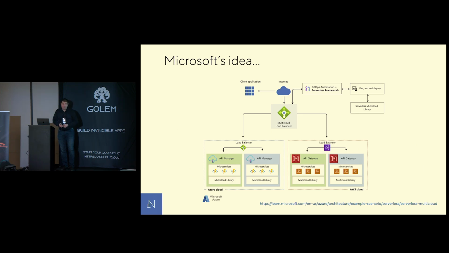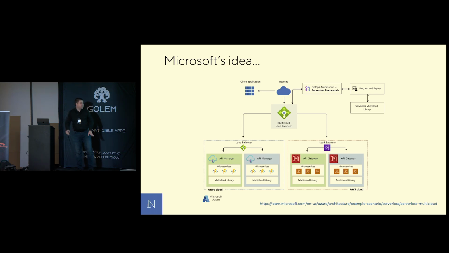Microsoft had an idea, and that idea was really viable. They were looking at something called Serverless Framework. Serverless Framework started as an idea that they would abstract the way that you write the code, and then generate the different deployment mechanisms depending on the cloud that you are targeting.